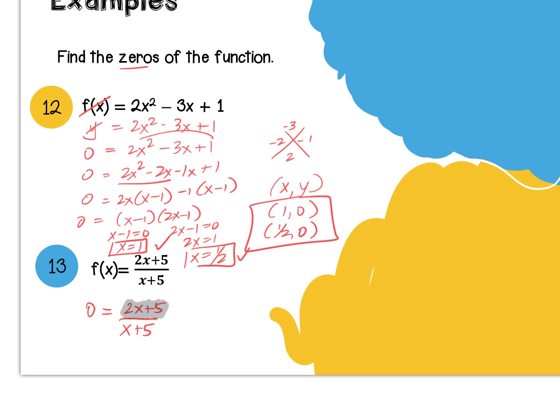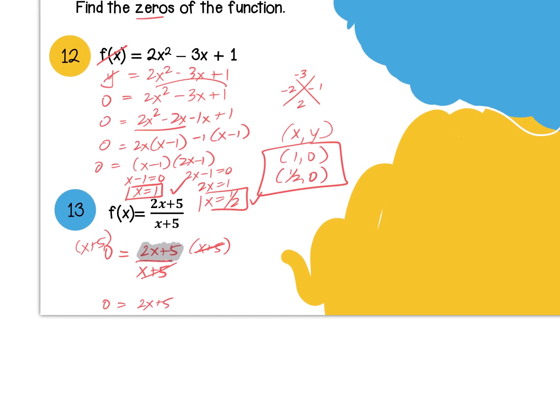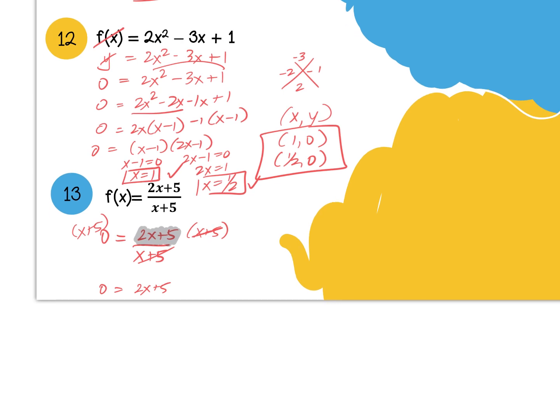So I could just do 2x plus 5 equals 0 and solve for that. The other thing, I could just do it the long way. I could multiply both sides by x plus 5, right? Which is going to give me 0 here on the left and 2x plus 5 over here. So either way, whether I skip canceling the denominator or I just set the numerator equal to 0, I get the same result. I'm going to subtract 5 from both sides.